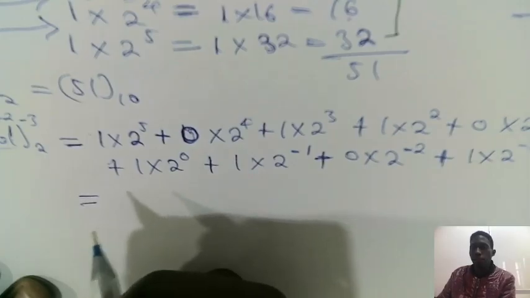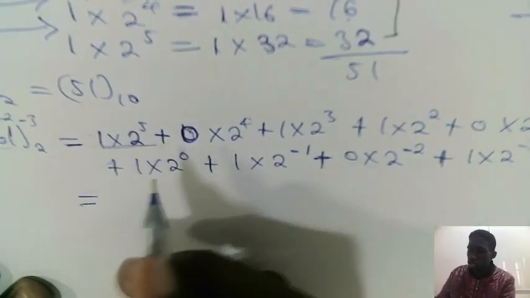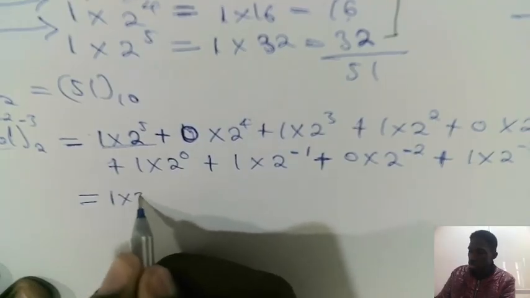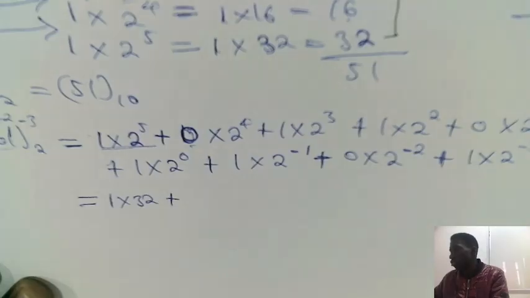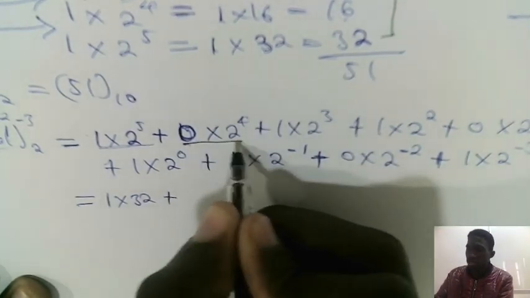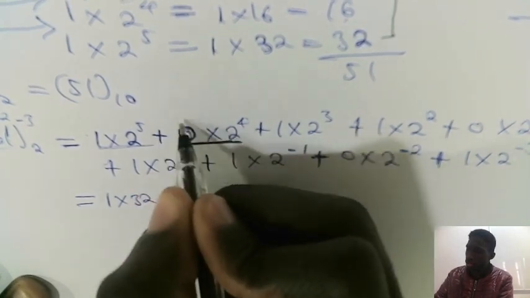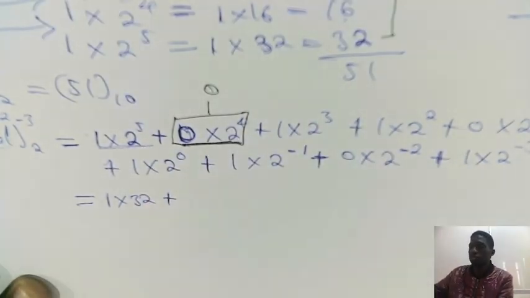So let's evaluate what we have here. Here we just have 1 times 32, right? Plus, when you come across a 0, everything here is just 0. 0 times anything is 0.